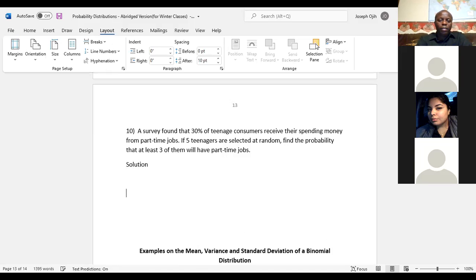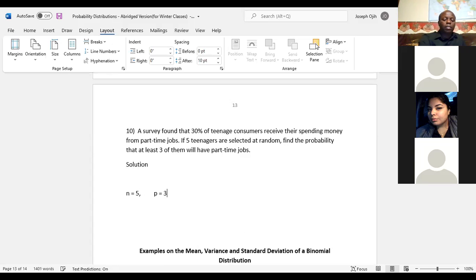First of all, our N is 5, since 5 teenagers were selected. And let's find P. It says a survey found that 30% of teenagers receive their spending money from part-time jobs.